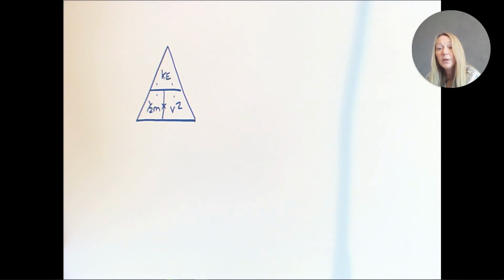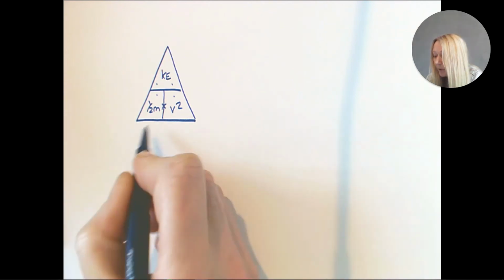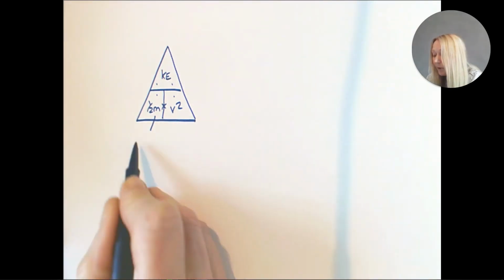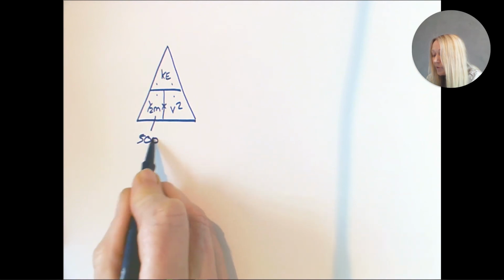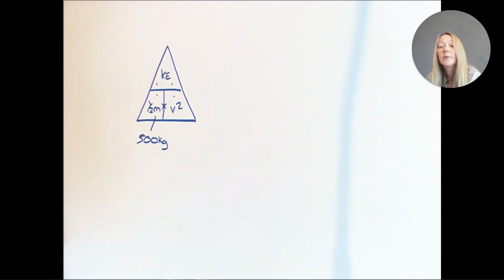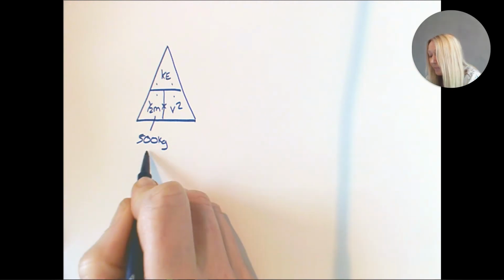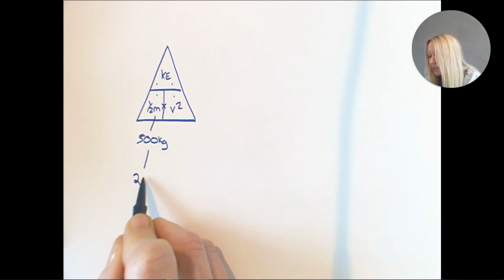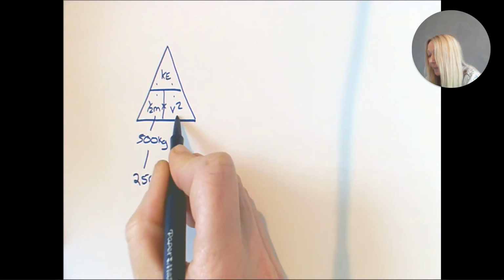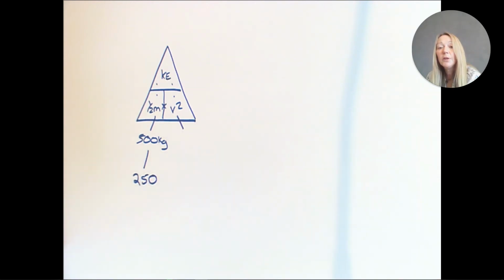So we were given in the question a mass of 500 kilograms, and we need half of that, so we're going to put half of that into our equation, so that's 250. And we were given 10 meters per second.